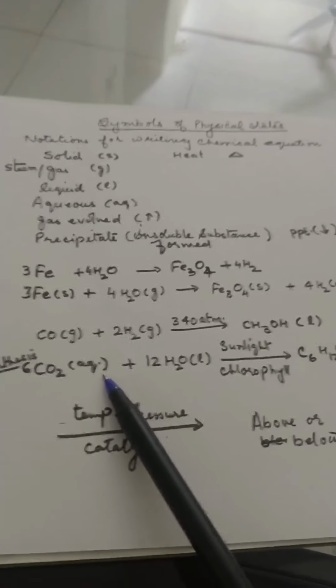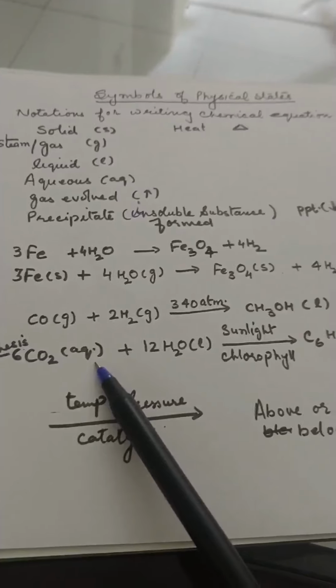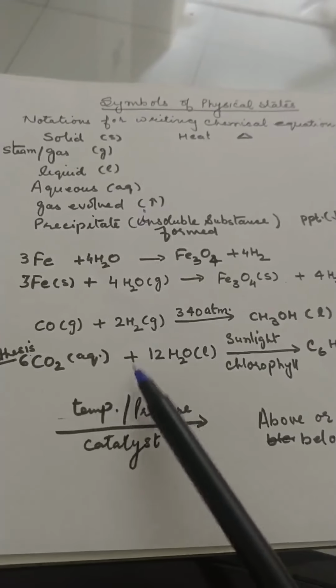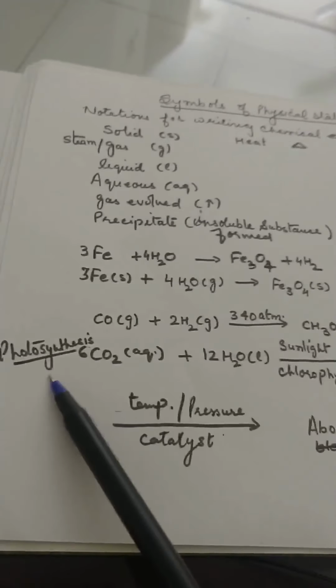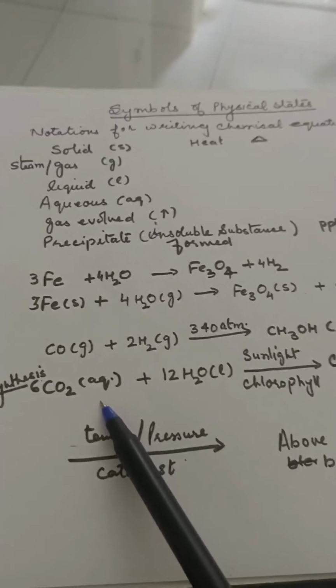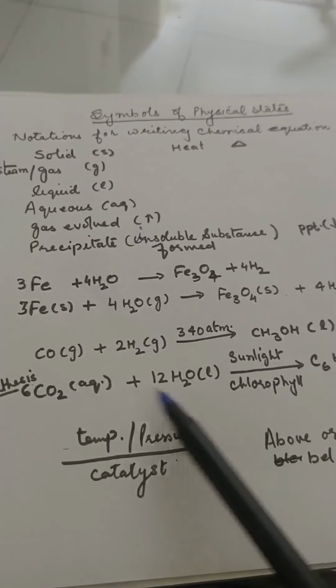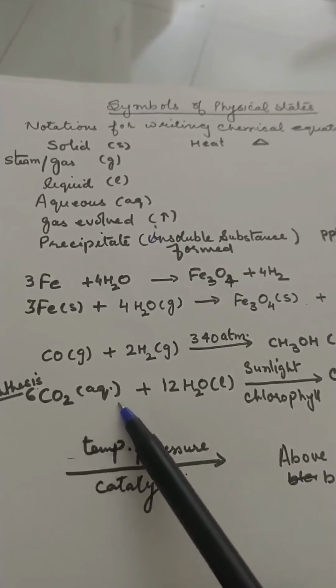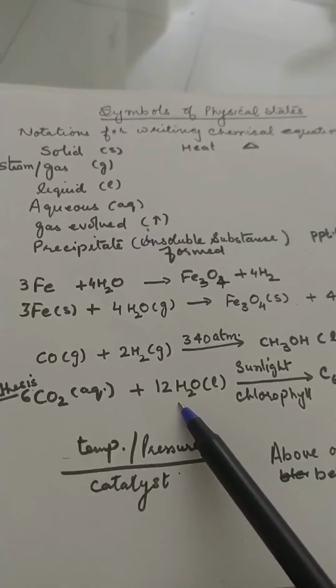Another reaction, very important one, which you are supposed to learn, and this is the reaction of photosynthesis. And make sure that you practice it at least 5 times to learn this chemical reaction. And you all know photosynthesis takes place in plant leaves, right?